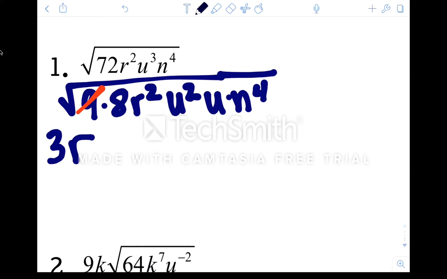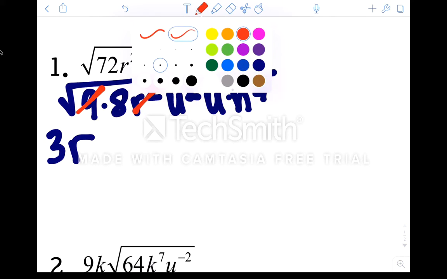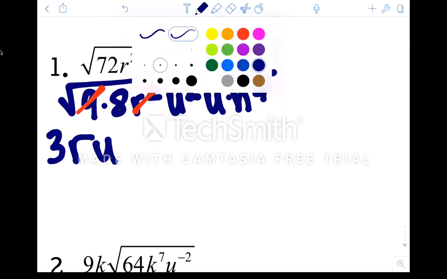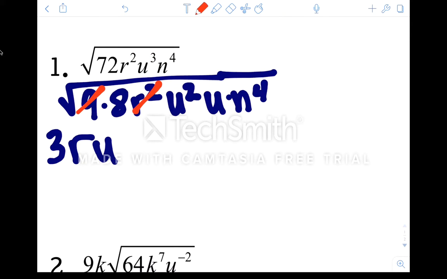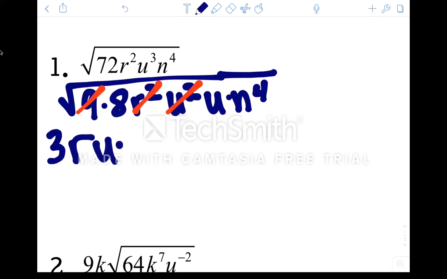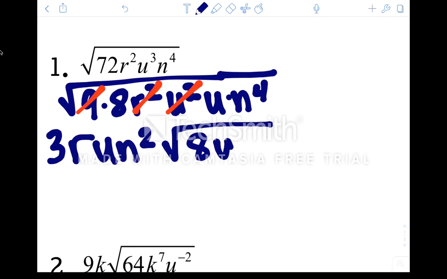Go ahead and cross that off. The square root of u squared is u. And then the square root of n to the fourth is n squared, because 4 divided by 2 is 2. And then inside that radical, I'm left with 8u.